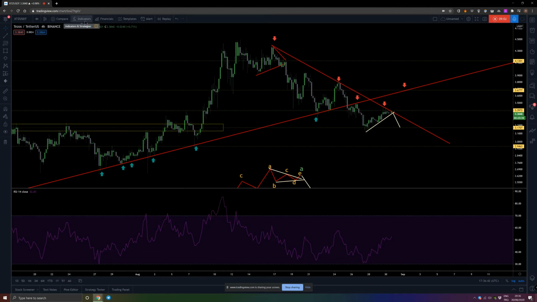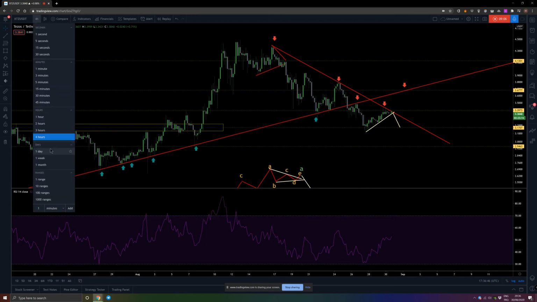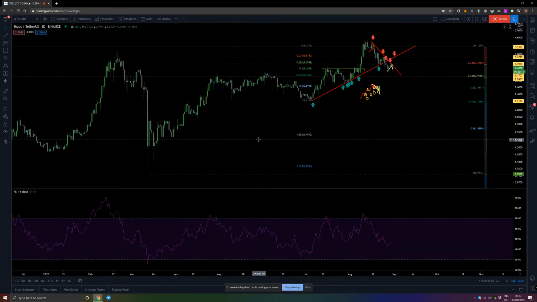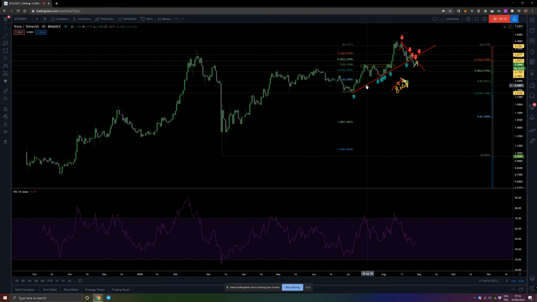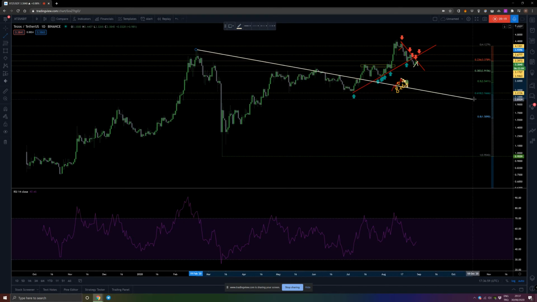Now, what you can also check is the daily chart. When we go back to the daily chart, there's actually another trend line here that can work for understanding the targets. It's this one right here.